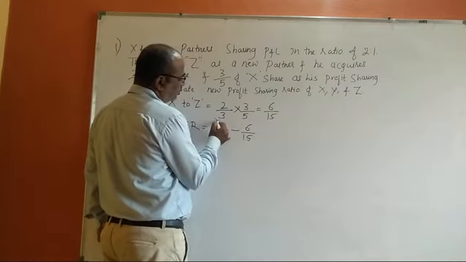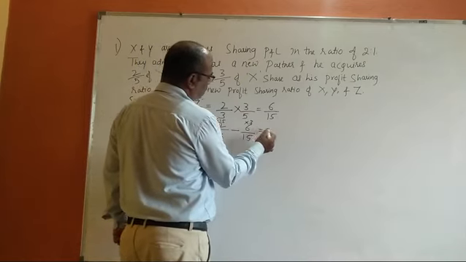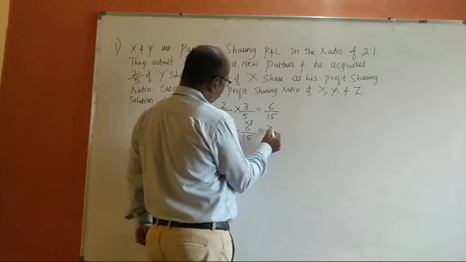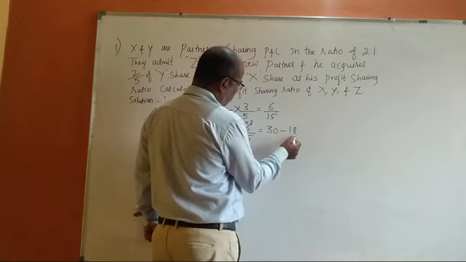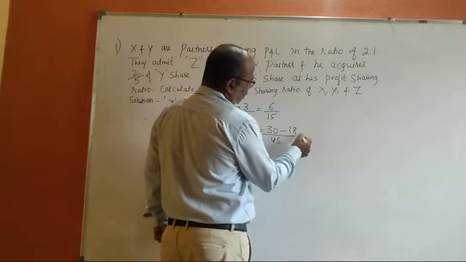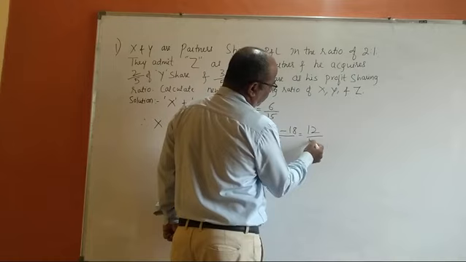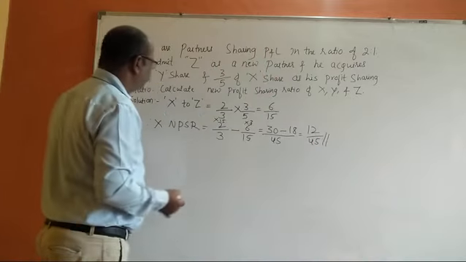So cross multiply: 15 into 3 is 45. 15 twos are 30 minus 6 threes are 18, divided by 3 into 15, 45, equal to 12/45 is the new profit sharing ratio of X.